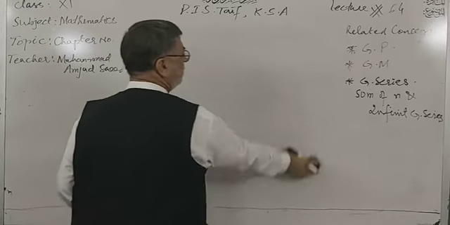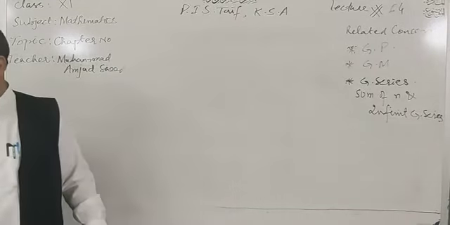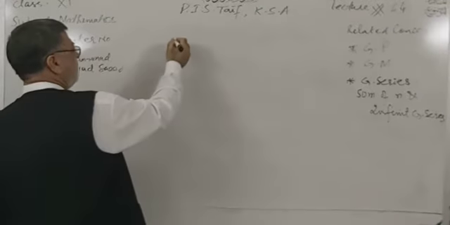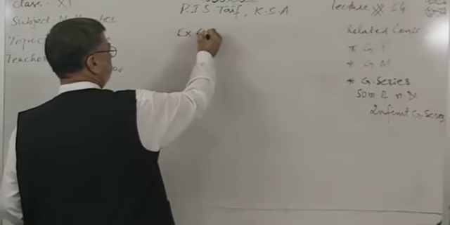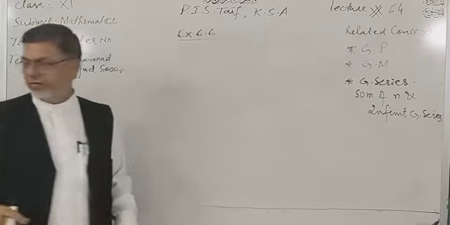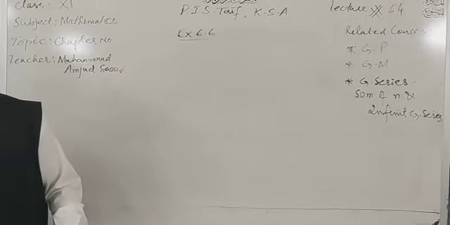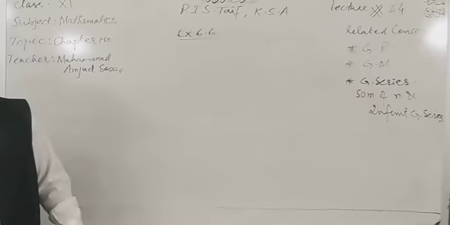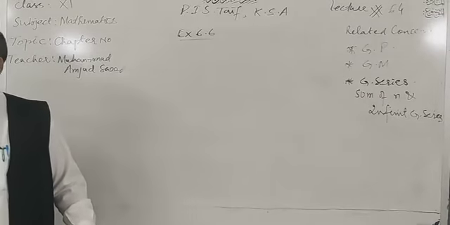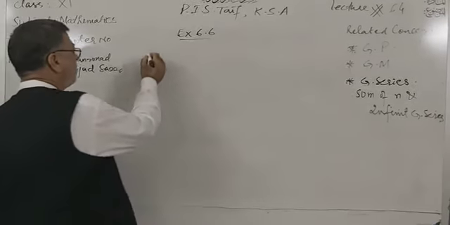Dear students, now we have exercise 6.6. According to your review syllabus, we are given question number 1 and 4, and 1 and 4 are exactly similar, so I am choosing question number 4. Find the 11th term of the sequence. Question number 4.